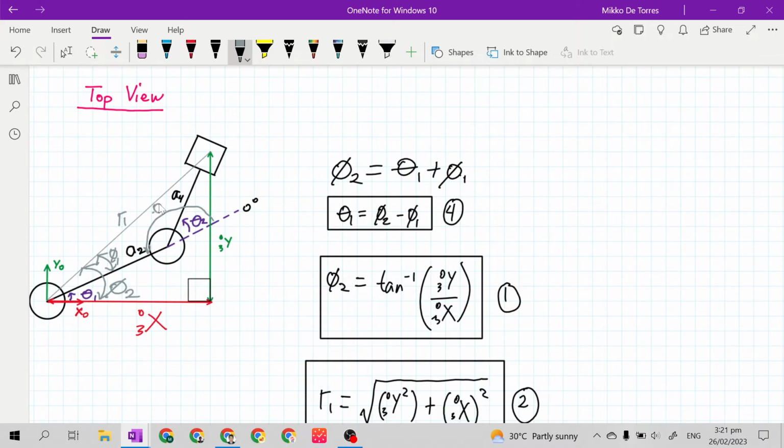So why do we need phi 3 here? Because this is a straight line from the base up to this side of theta 2. But this doesn't look like a straight line, so I will fix this.